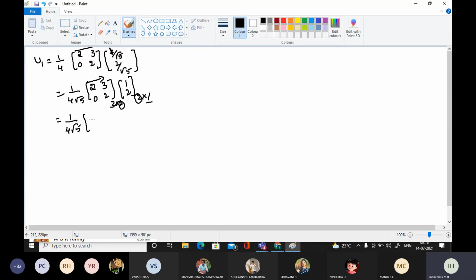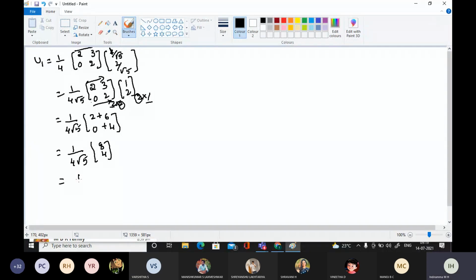First row, first column: 2 ones are 2 plus 3 twos are 6. Next, second row, first column: 1 into 0 is 0 plus 2 twos are 4. So that is 1 by 4 into root 5 times 8, 4. Shall I take 4 common?